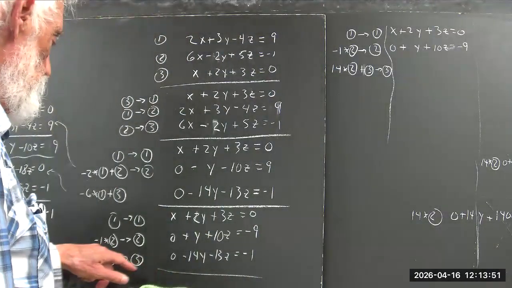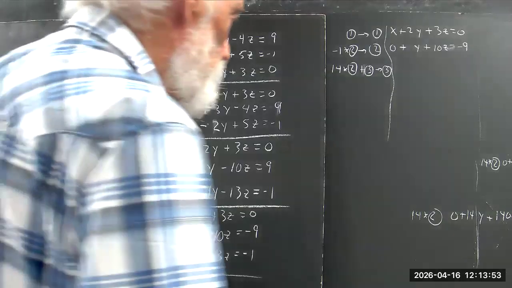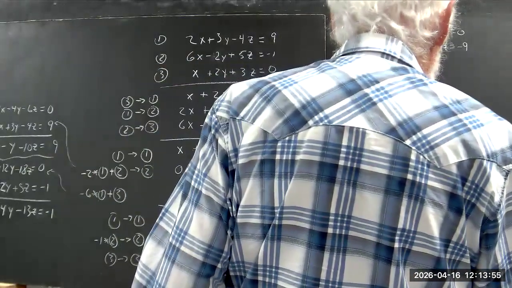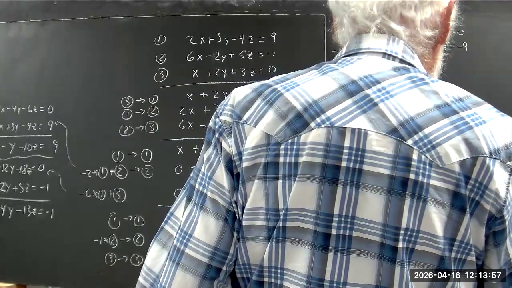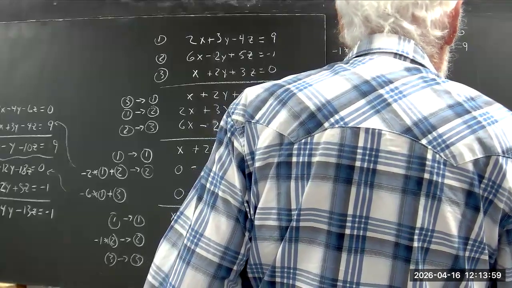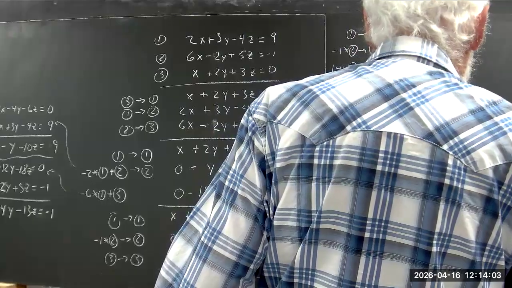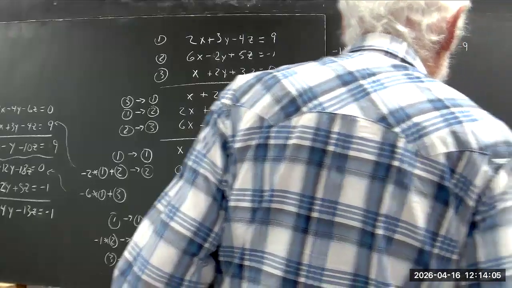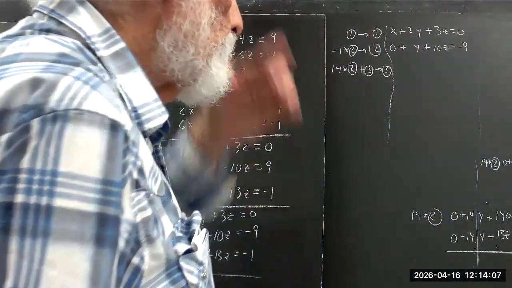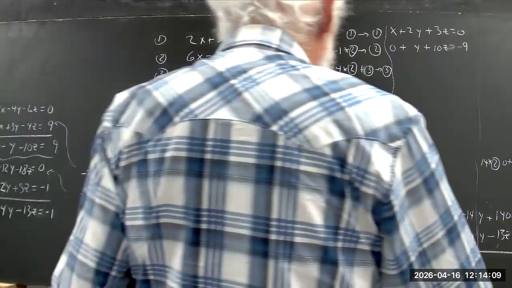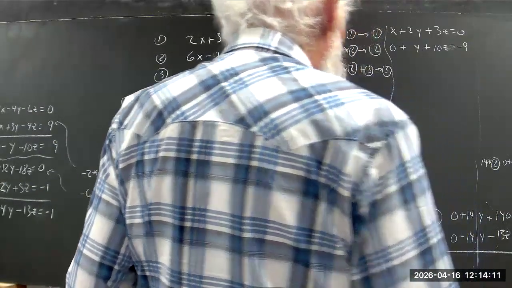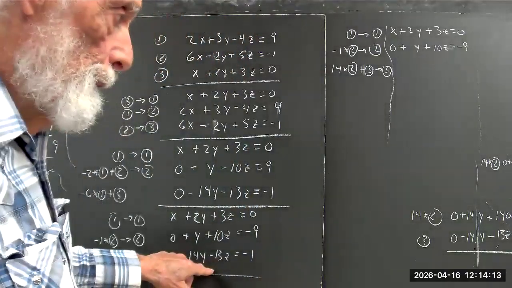Then equation 3 is 0 minus 14y minus 13z equals negative 1. So that's my equation 3 from this step.